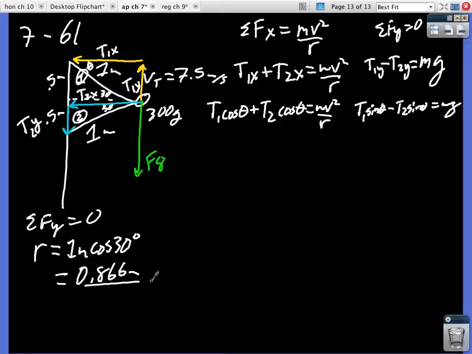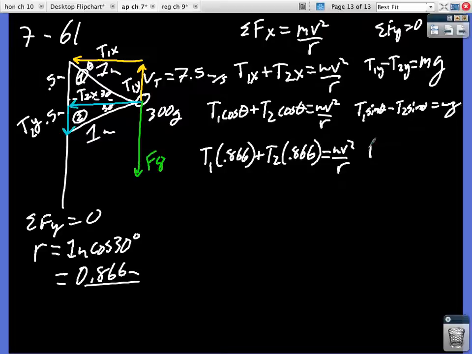The easiest way to do this without getting weird trig math is to say T1 times the cosine of 30, which is 0.866, plus T2 times 0.866 equals mv squared over r. And over here it's T1 times 0.5 minus T2 times 0.5 equals mg.